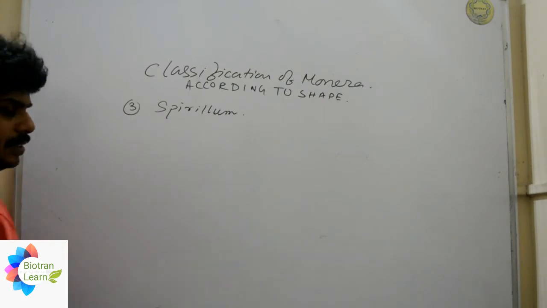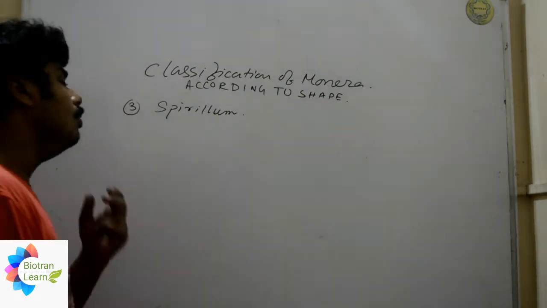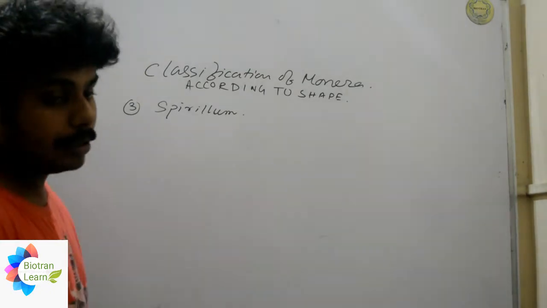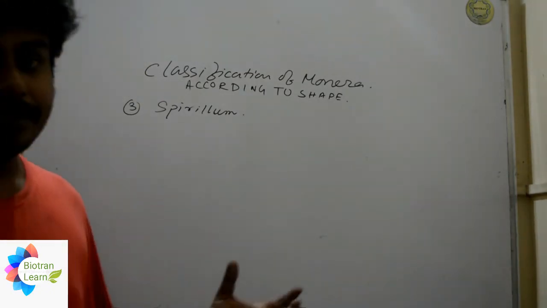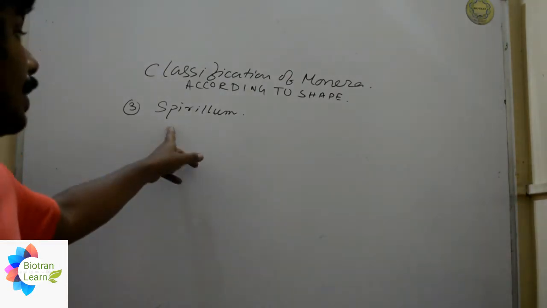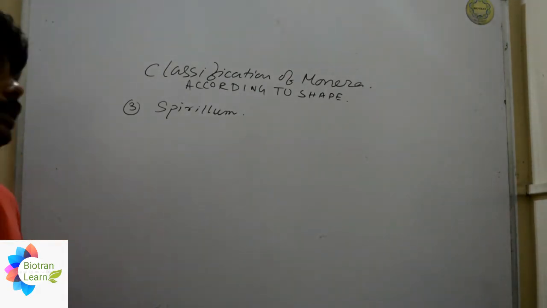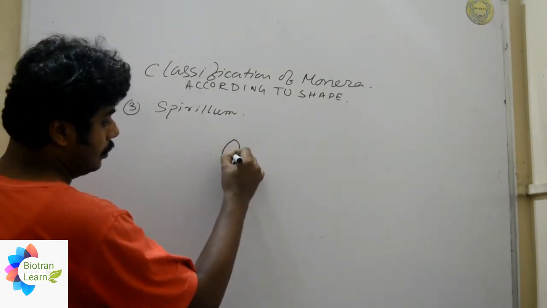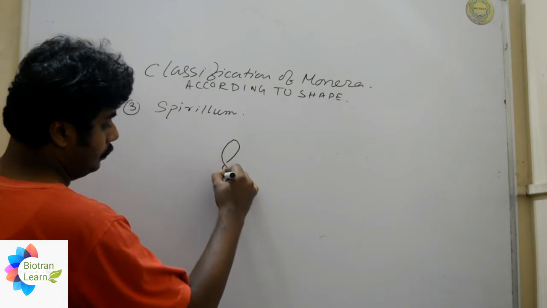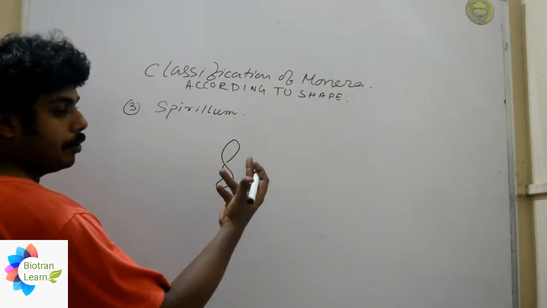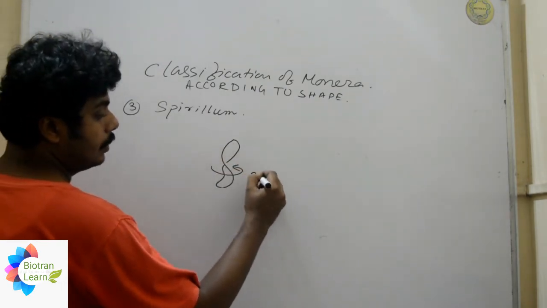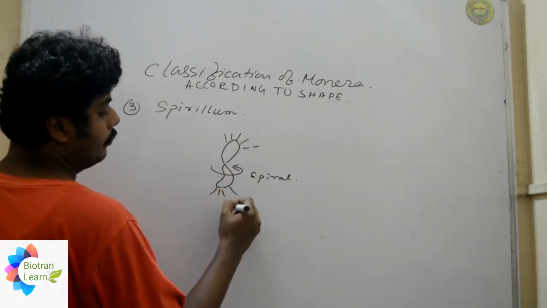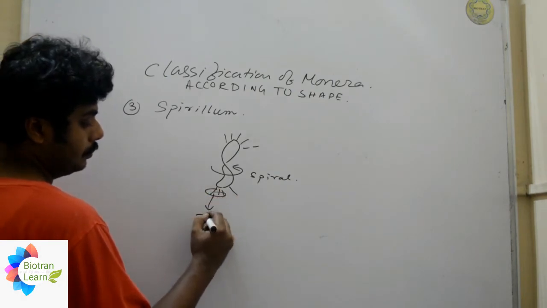These are basically single, but in certain cases of bacteria we have seen that spirillum bacteria can also form colony, right? Can also form colony, and they look like this structure. The body is spiral, and they will have a kind of flagellum in this section.